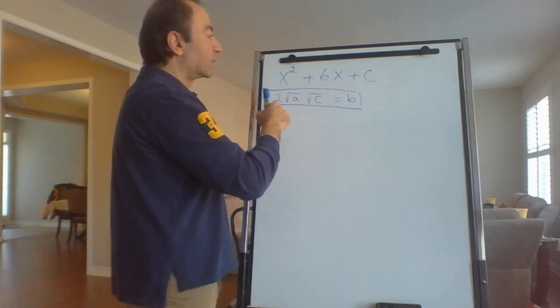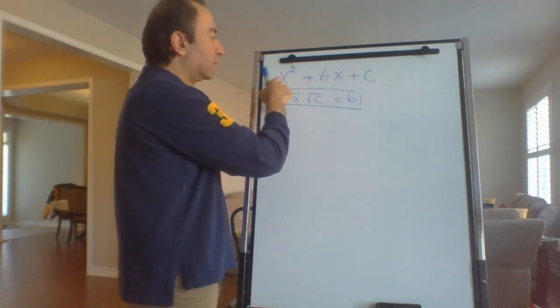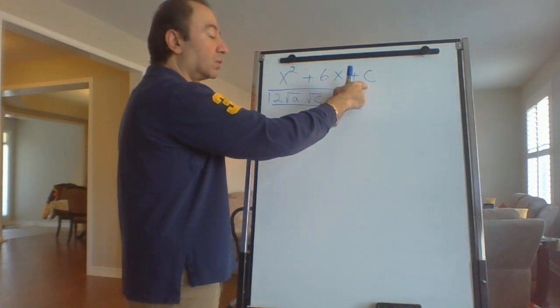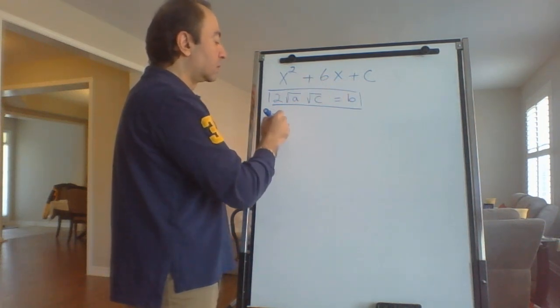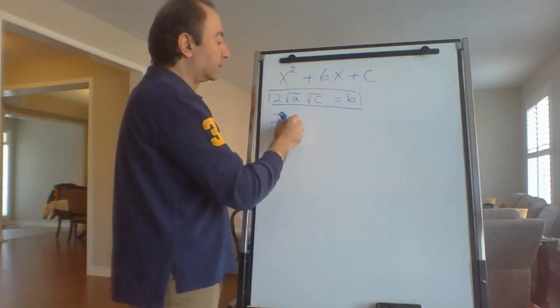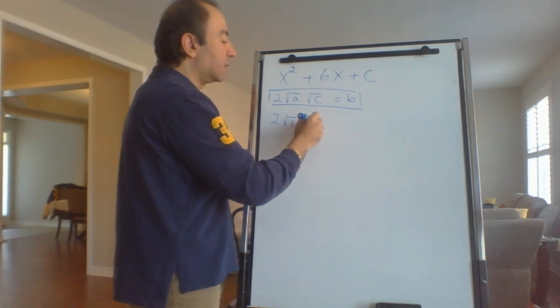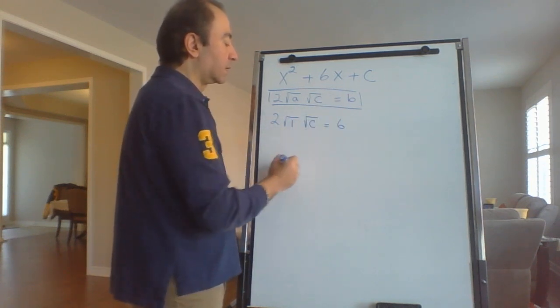If this is a perfect square, 2 times the square root of A times the square root of C, which I don't know what it is, will equal B, which is 6. So 2 times the square root of A, which is 1, times the square root of C, which is what I need to find, equals B, which is 6.